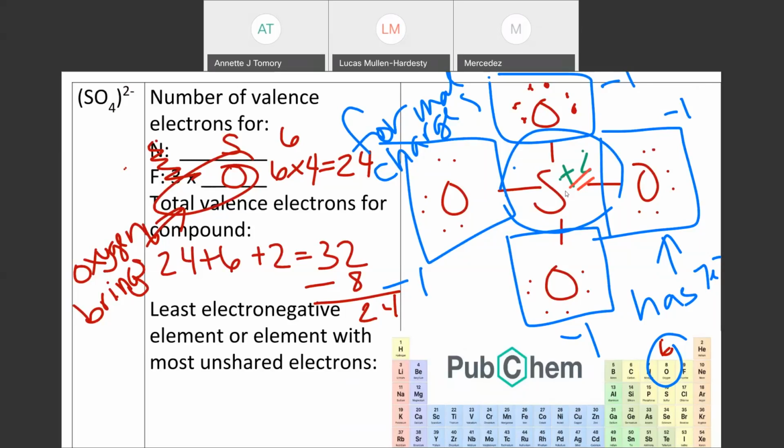To make it a 0, what does it have to do? This is the tough part. Go ahead, Lucas. You can answer this question. So you're trying to get sulfur to 0, correct? Yeah.